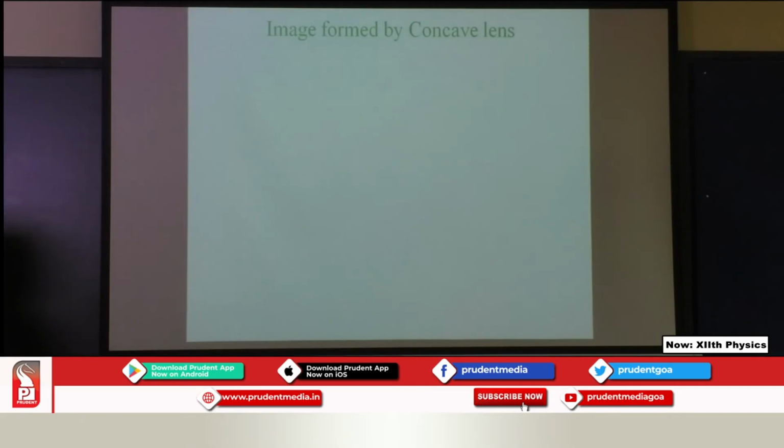Let us quickly go for the concave lens. So, I have a concave lens over here, the object is placed between f and 2f. We know it is a divergent lens, so the ray moving parallel is getting diverted, and here it is passing through the optical center. So, these refracted rays are not meeting, we need to produce them backward. So, here is the image formation.